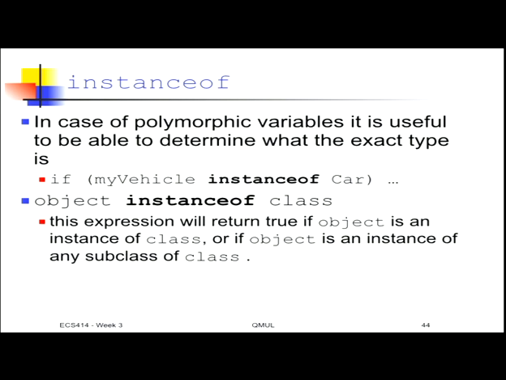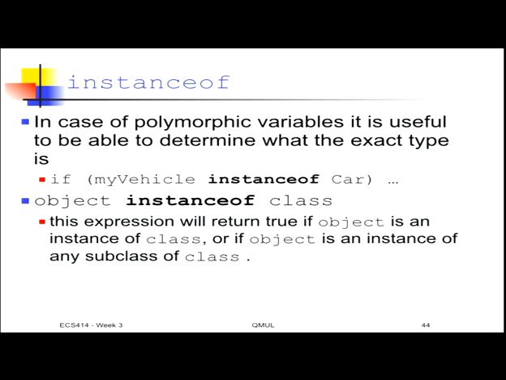But sometimes we may want to go the other way around. Sometimes we may have code that is polymorphic, so it works according to the more general class, but we may want at some point in the code to know if an object is an instance of a particular subclass or not. And here there is another Java keyword, which is instanceof.